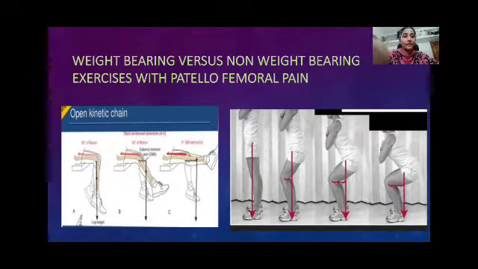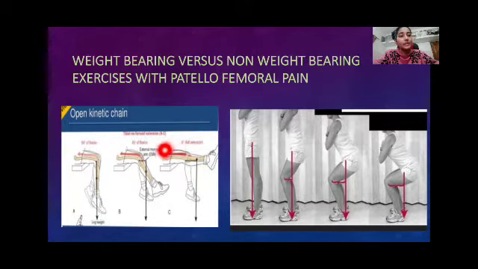Here, the weight bearing versus non weight bearing exercises. See, in the first diagram, where there is an open kinetic chain, the moment is almost absent at 90°. And when there is progression toward extension, this moment will go on a bit increasing. And when there is full extension, the moment is so much increased.